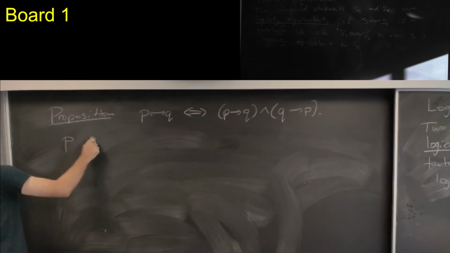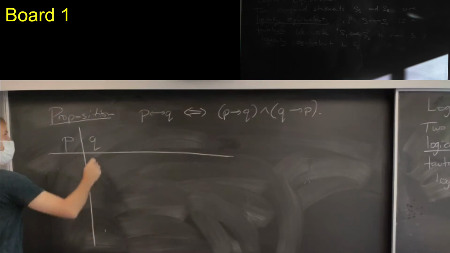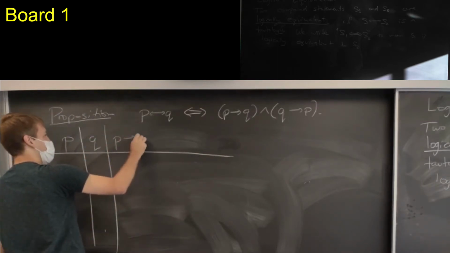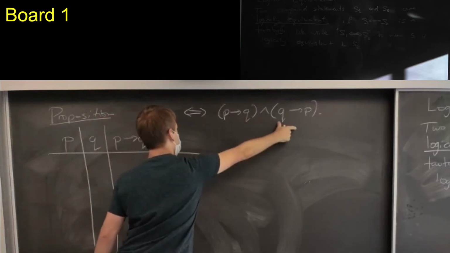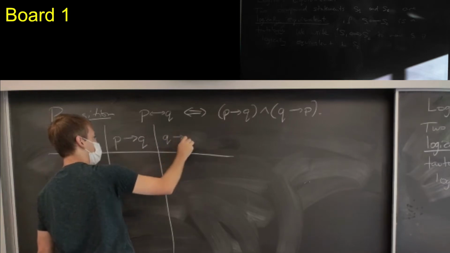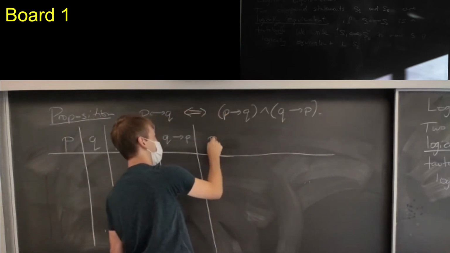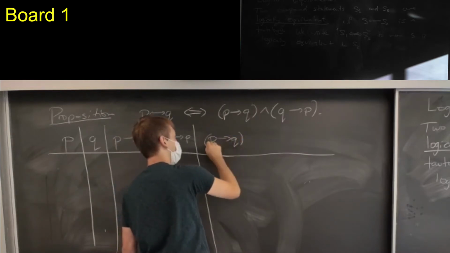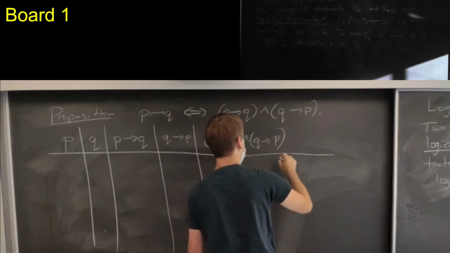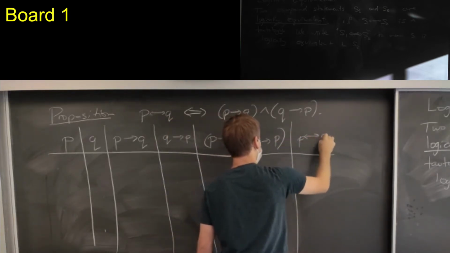Briefly, I've got P and Q. Let's do P implies Q, so I deal with these things first, then Q implies P. And lastly, let's do P if and only if Q.